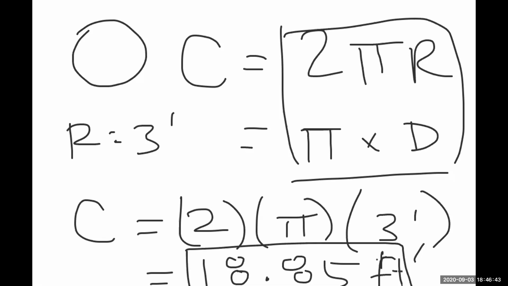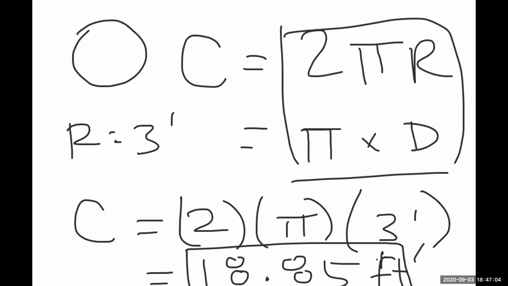Okay, so circumference is perimeter, which means a linear distance. If you took the circle, broke it, and then laid it out flat on a plane, it would be a straight line, okay? So it's a linear distance in terms of a measurement.